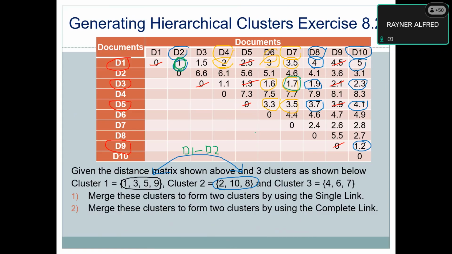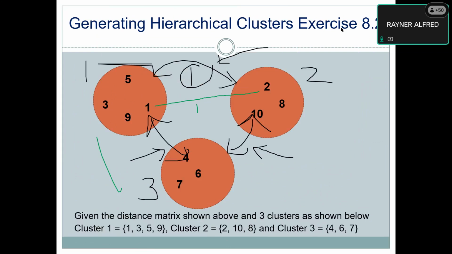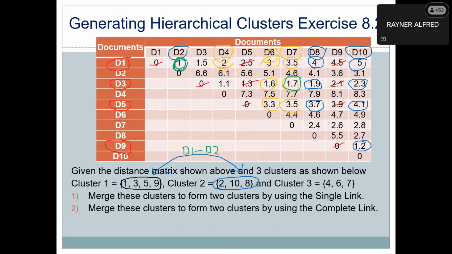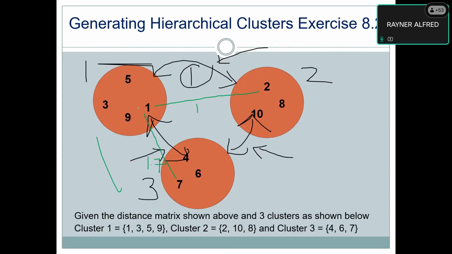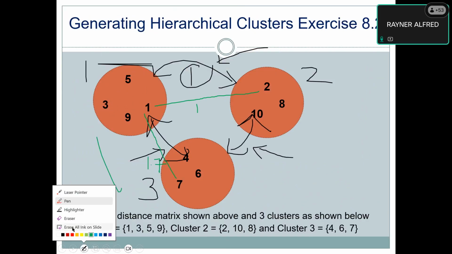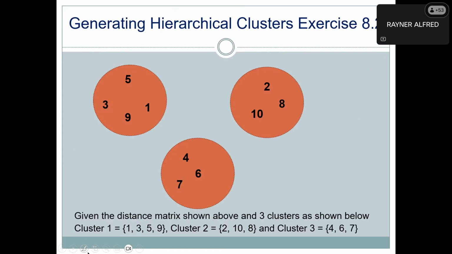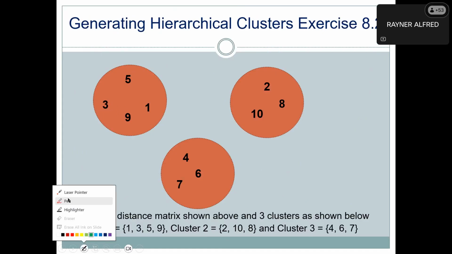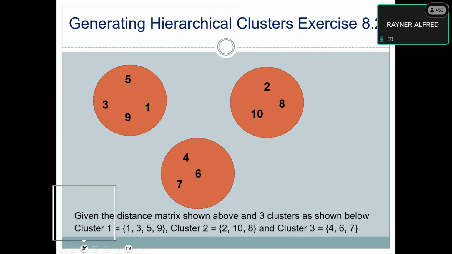Just now it was 1 and 2, where the distance is 1, and this is 3 and 7, which is 1.7.